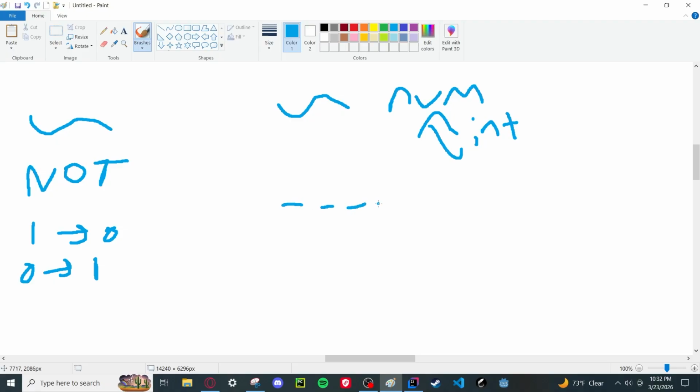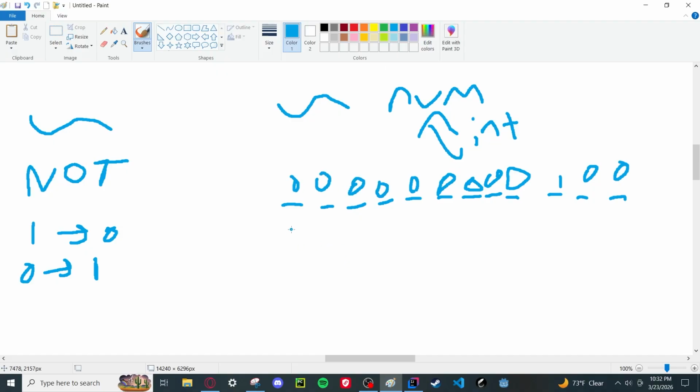And integers have 32 bits, which means they have 32 place values. So if you're looking at an integer of 4, the places of 1, 2, 4, right here, 0, 0, these aren't empty, they're all zeros, right? And then when you flip them, they all become 1s.